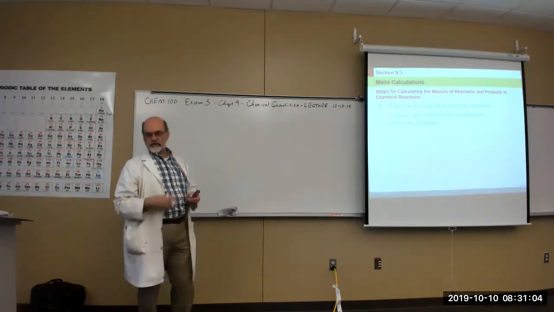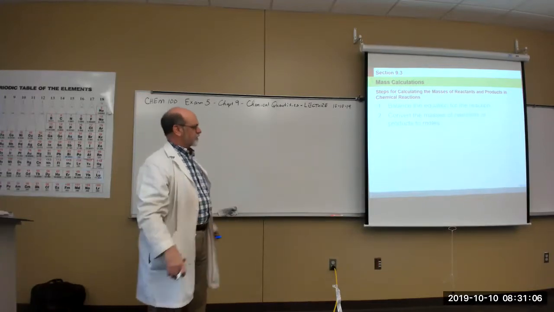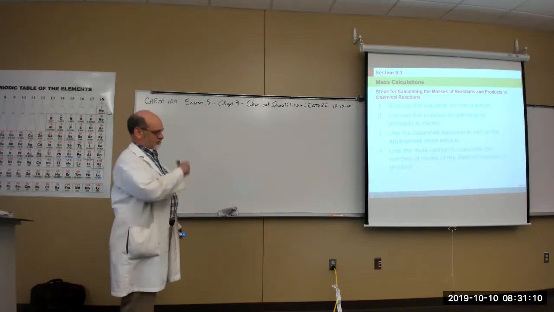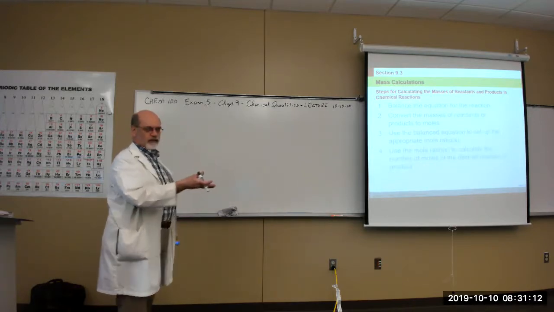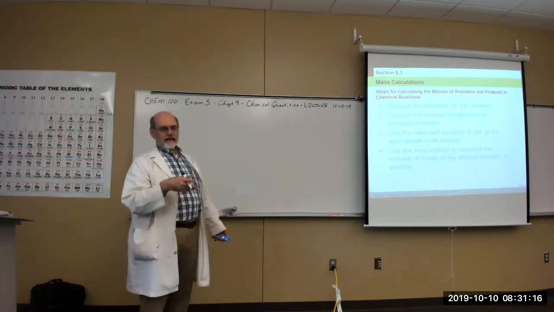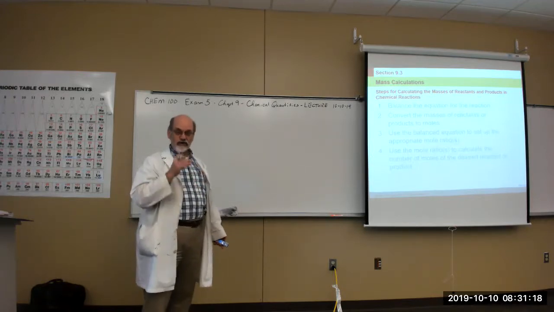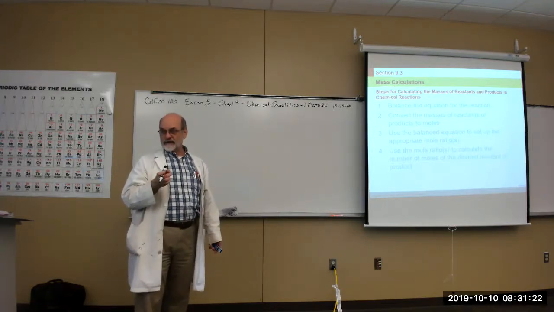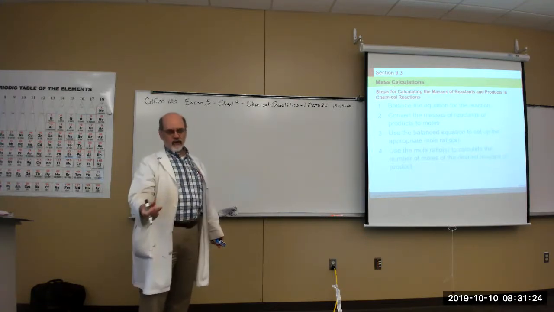Okay, we're going to do an example, of course. Right, then you find out how many moles of product are produced or how many moles of reactant are required. Then, if the question calls for mass as an answer, then you've got to convert back from moles to mass.